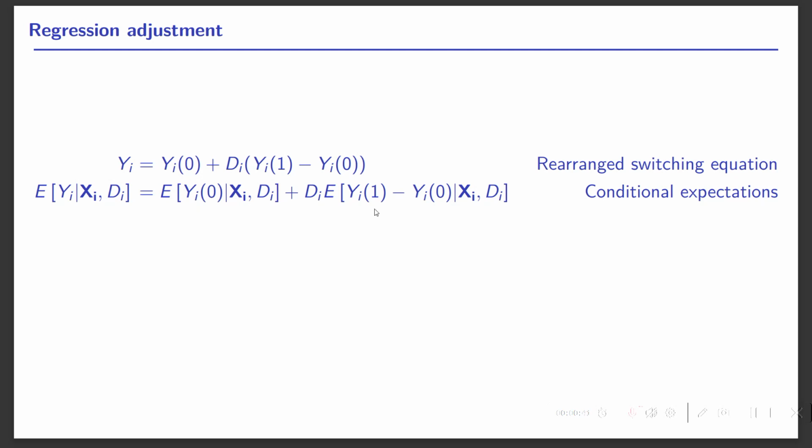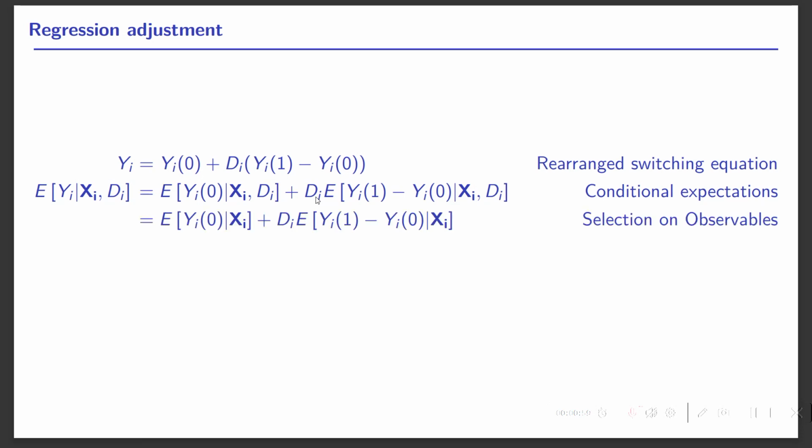Because we condition on treatment, we can pull out the treatment indicator in front of the conditional expectation because it is essentially known to us. Now, if we apply the selection on observables assumption, that means we can actually pretty quickly find out the conditional average treatment effect, conditional on xi.